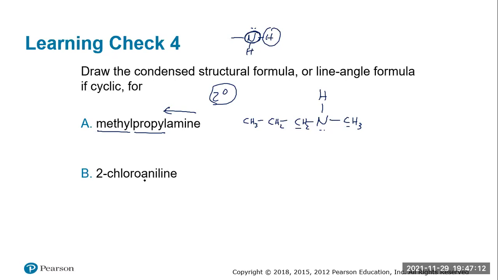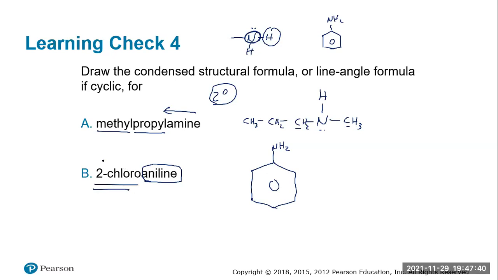Now, rolling this way, this is aniline. So remember, aniline is the traditional, or historical, name of a benzene ring that's got an amine group on it. So that's a pretty good place to start. Now I have 2-chloro. Because it's a number, that tells me it is a carbon that it's attached to.